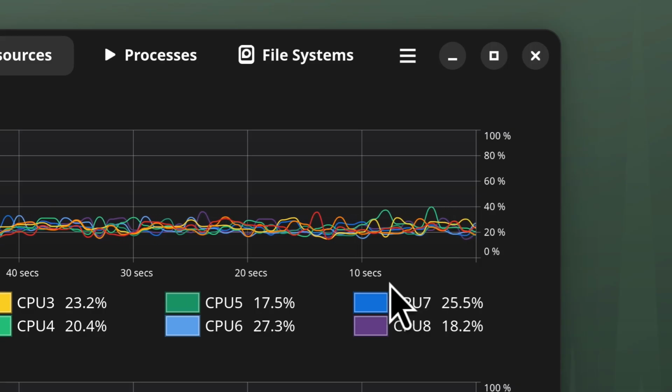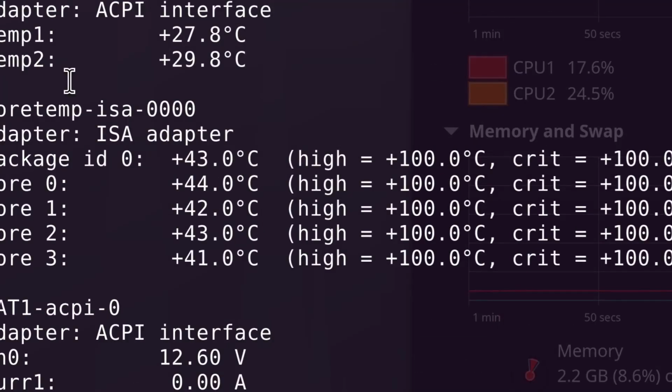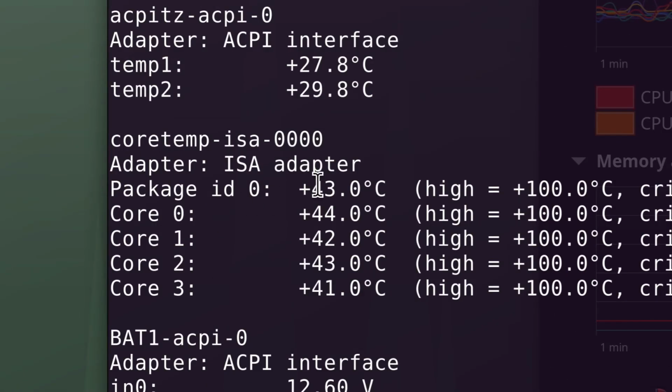Let's open a terminal and simply type the command sensors, hit enter, and here is our CPU. The temperature is very low, as we can see 44 is the highest value here, which is like nothing, like doing nothing.